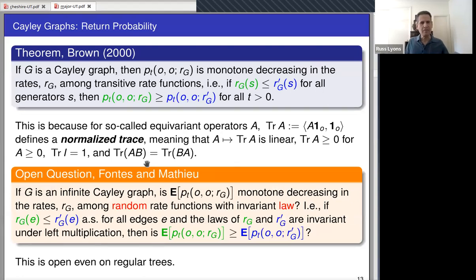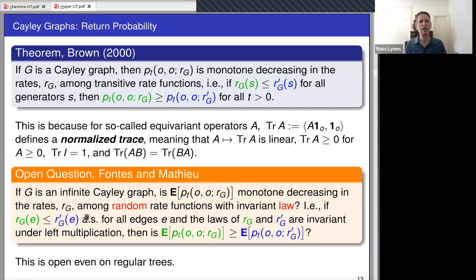Well, there's another open question that leads to. If we have an infinite Cayley graph, and we have random rate functions, R_G, so they're not transitive, but the law of R_G is invariant under left group multiplication. And so we get a random return probability and take its expectation. Then do we have monotonicity?